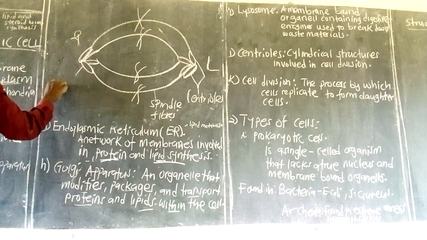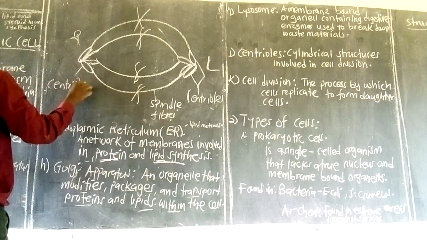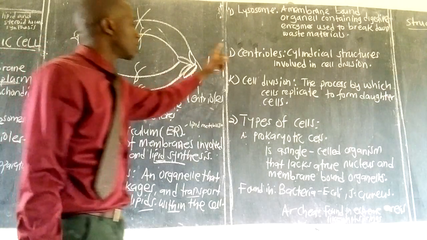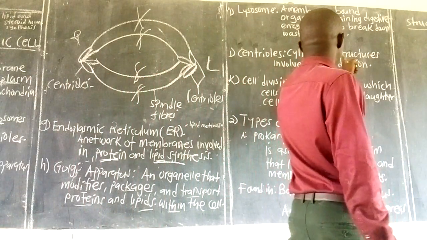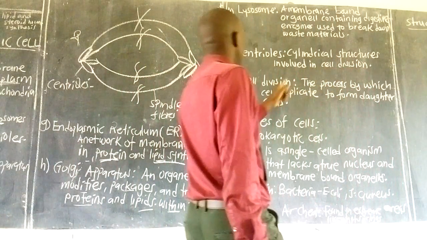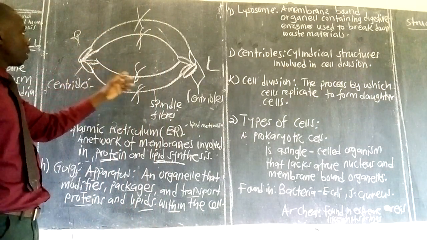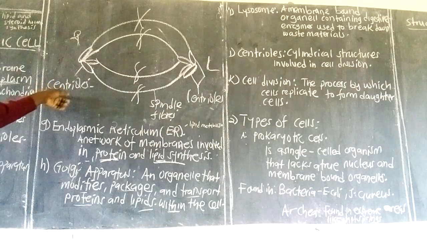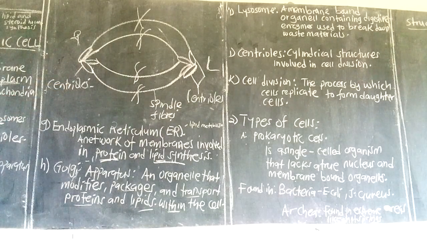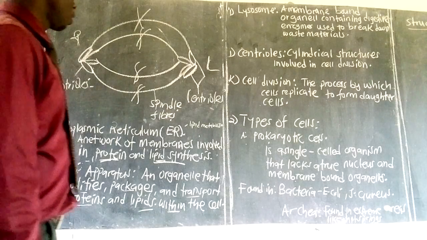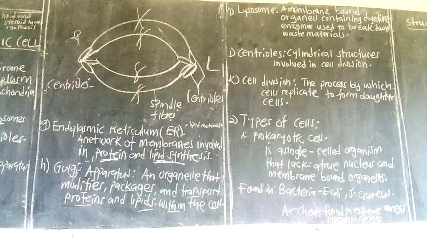So these are the centrioles. That's why we are saying centrioles are structures involved in cell division, because they help attach spindle fibers that align chromosomes during cell division. That is the centrioles.